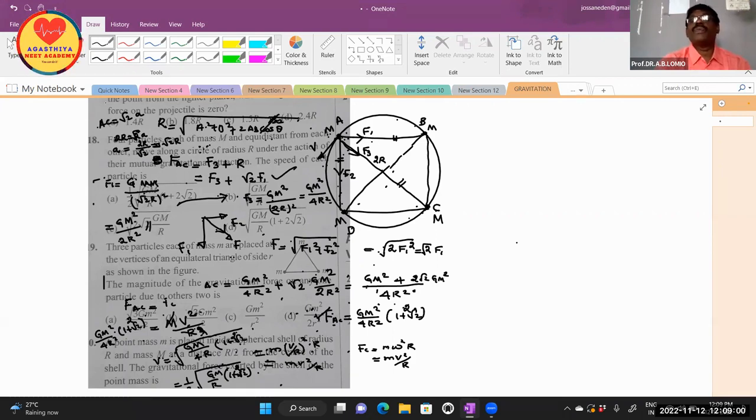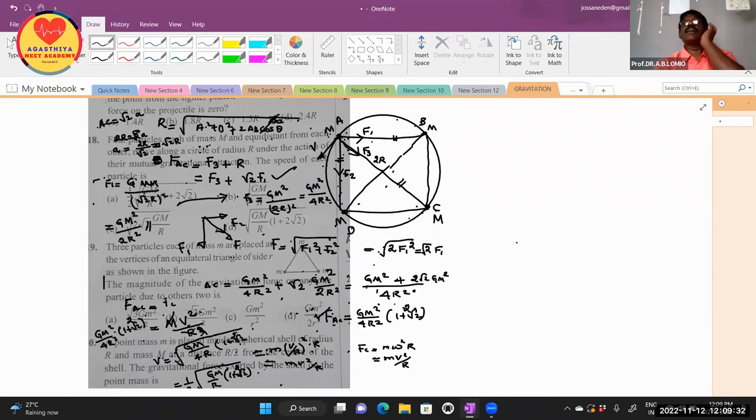To find the total force acting on the point A, we have to use the resultant force analysis. Since F1 and F2 are acting horizontally and vertically, the resultant of F1 and F2 will coincide with the force F3.